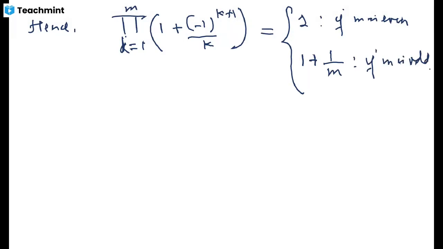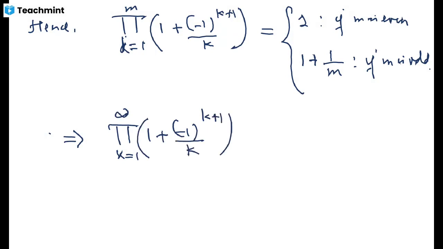And now you can see this implies that the limit, or the value of this product as k ranges from 1 to infinity of 1 plus (-1)^(k+1)/k, you take the limit as m tends to infinity, you see it's going to be equal to 1.